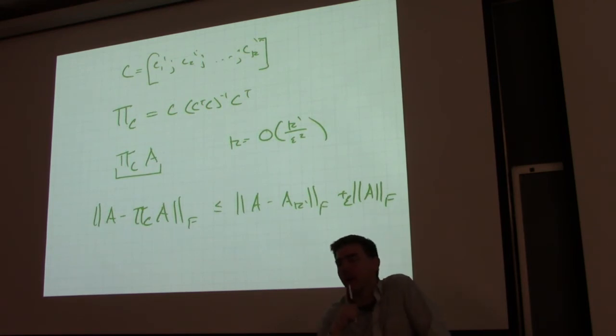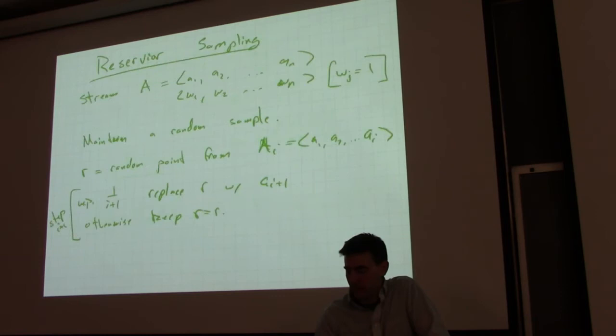Yeah? So can you go back just one slide? What if you just, this is just a thought experiment, but what if you just had a consistent probability of replacement? Would that ruin this? Yeah, so what's going to happen is you're going to bias towards the things you saw more recently. Right? The thing you saw at the very beginning, you put the first thing in, the second thing you kept with probability 1/10, right?